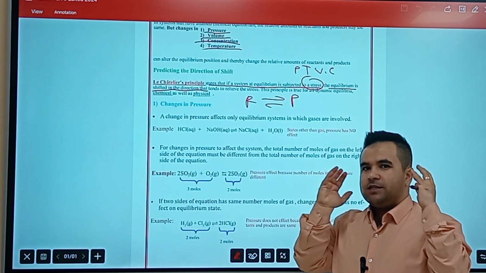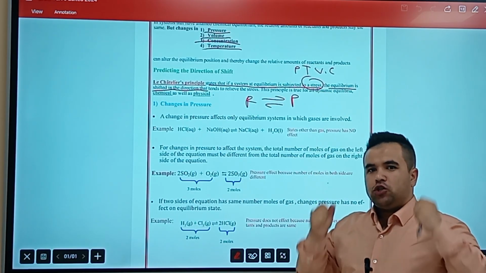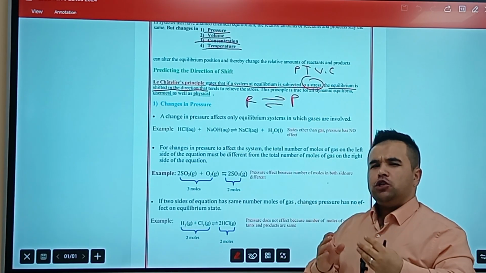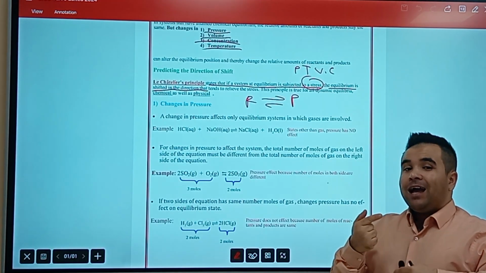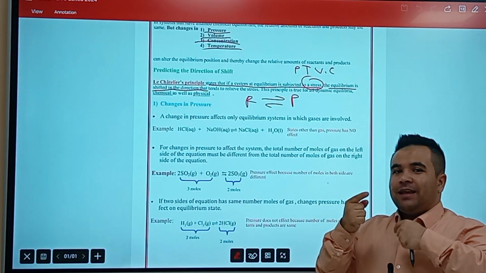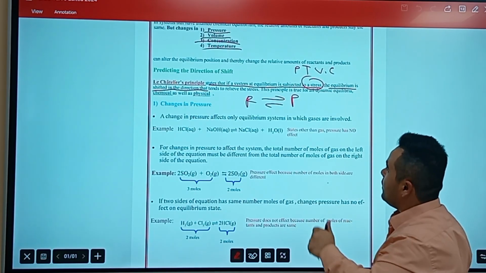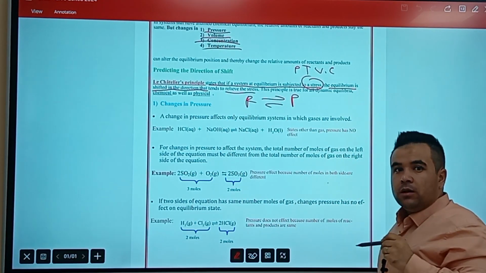The system is at equilibrium, subjected to a stress, a change in these 4. That disturbs the equilibrium. But the reaction has a tendency to go back to a new equilibrium position. How does it go back? It tends to relieve the stress.